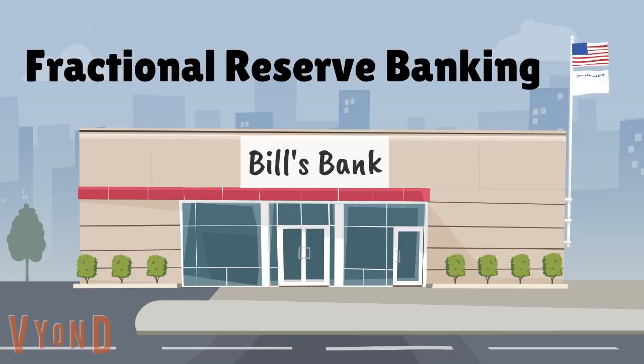So for every $100, $1,000, $1 million that goes in, the bank is required to keep a portion of that, a fraction of that, in its reserves, and it can do other things with the rest. So when you put your money in the bank, your bank keeps a little bit and then does something to make money with the rest of your money, which isn't your money.